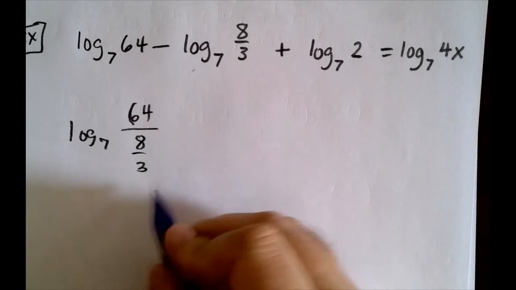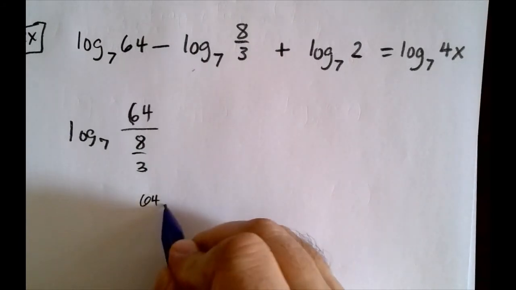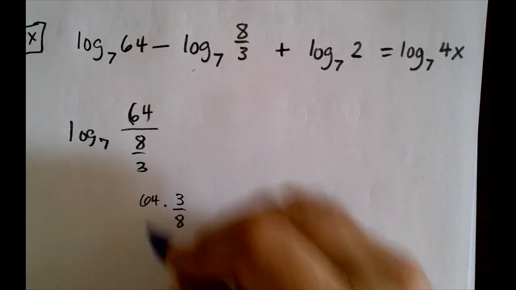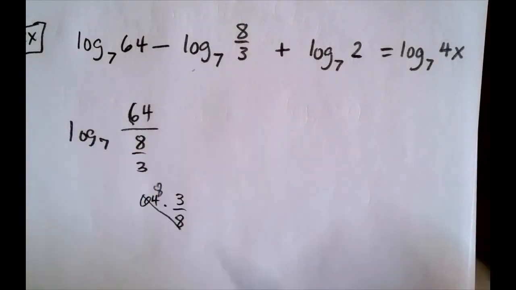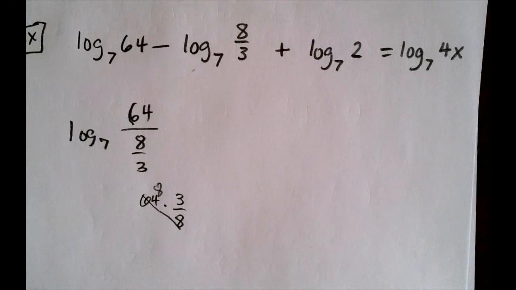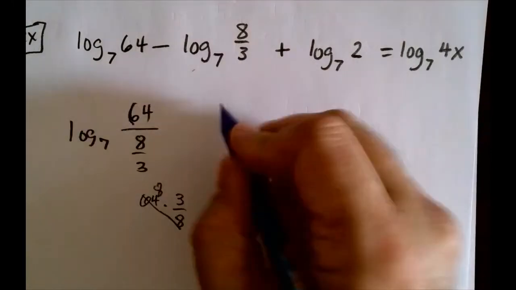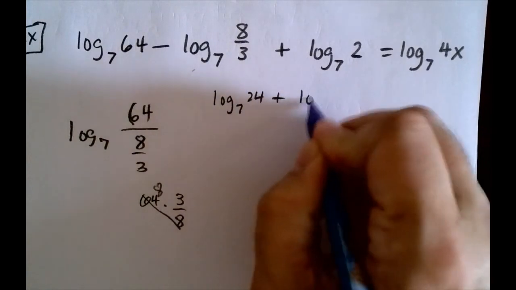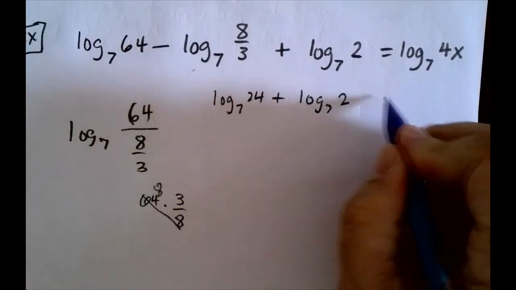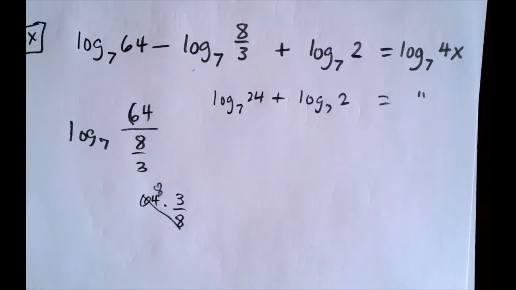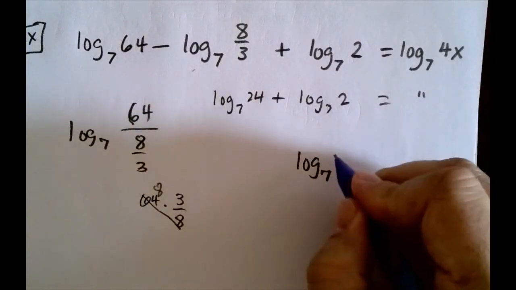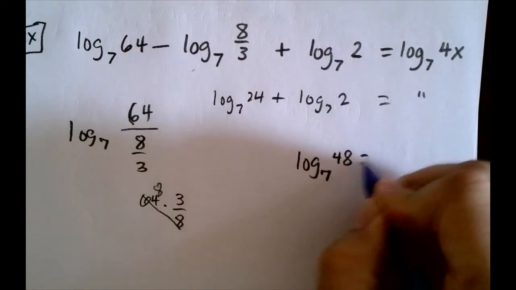And if you remember, 64 divided by a fraction is the same as multiplied by the reciprocal. So this simplifies to 24. This is log base 7 of 24, and it is still plus log base 7 of 2. Of course, it equals the right side of the equation. With the addition, we can write it as a single log of multiplying 24 times 2, or 48.